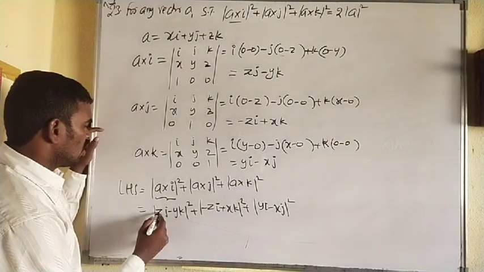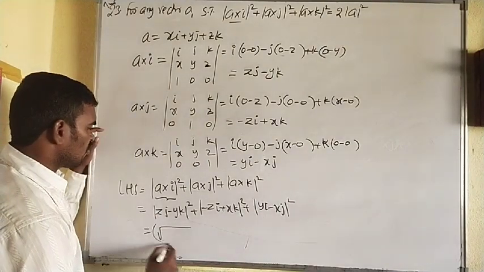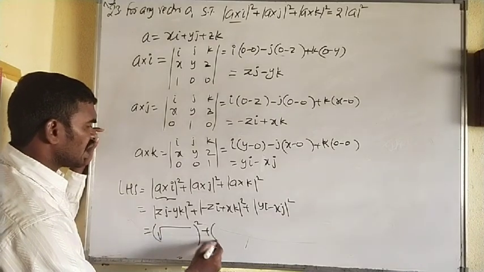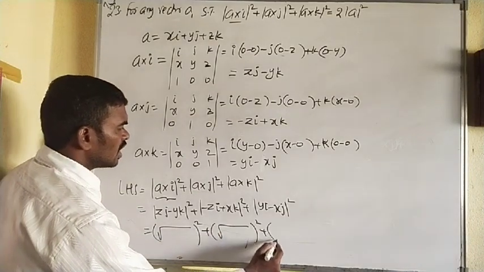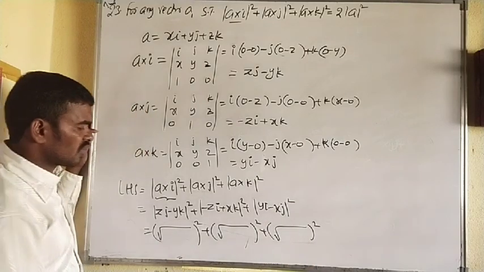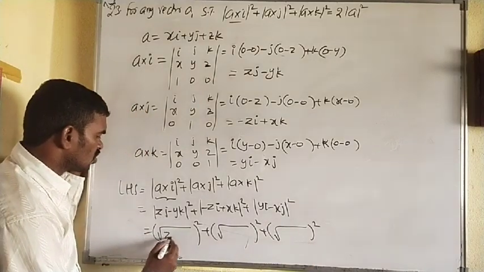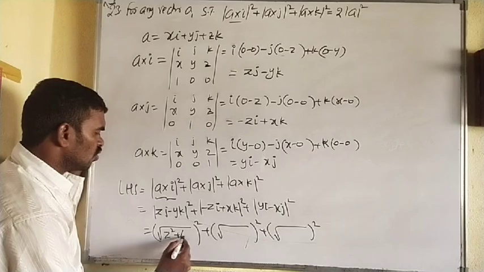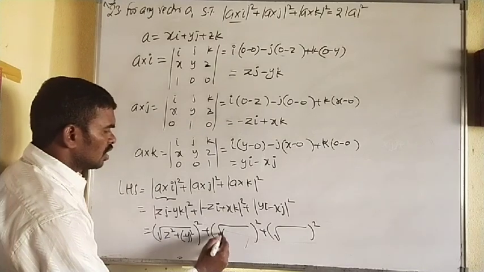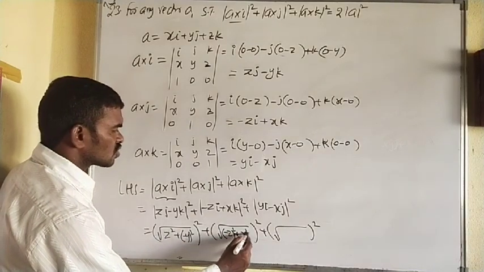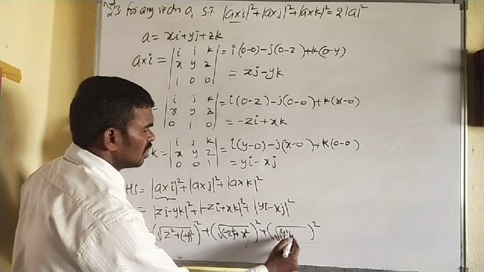Modulus means root of, and square means square, so the square root and square cancel. Here the j coefficient z square and k coefficient minus y whole square, here minus z square plus x square, here y square plus minus x square.